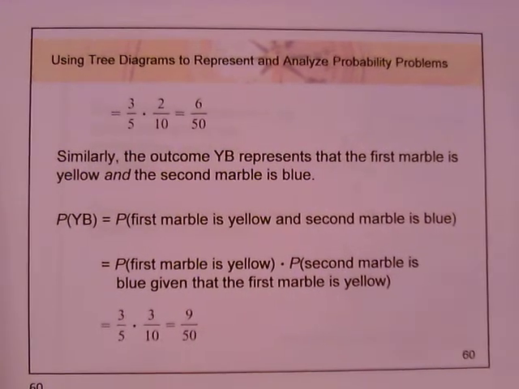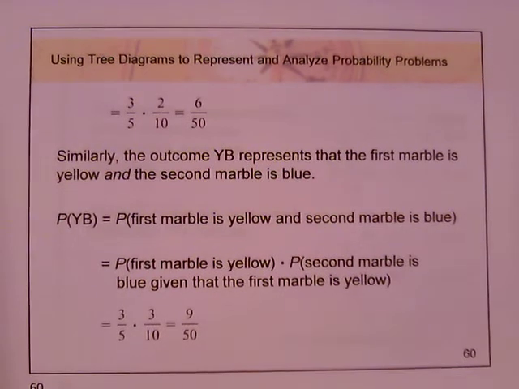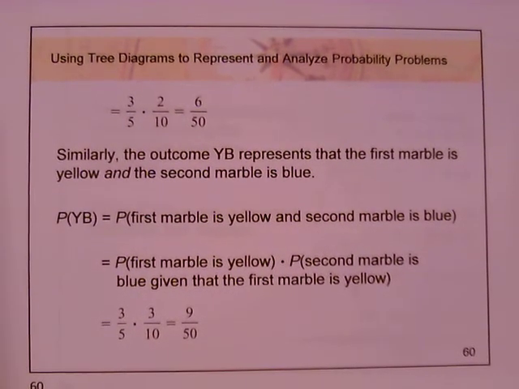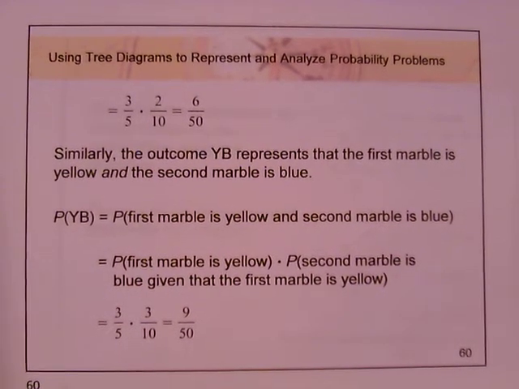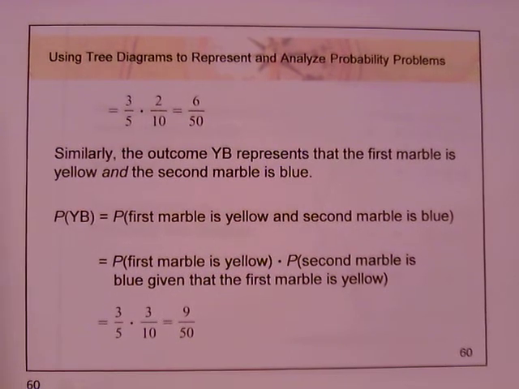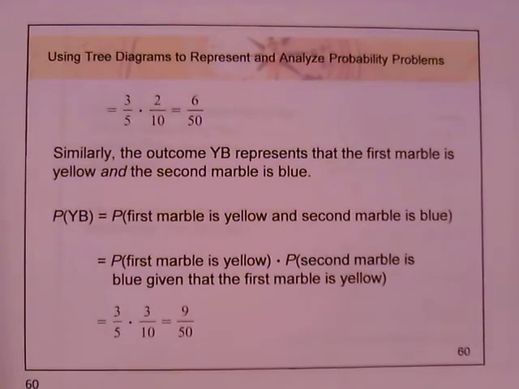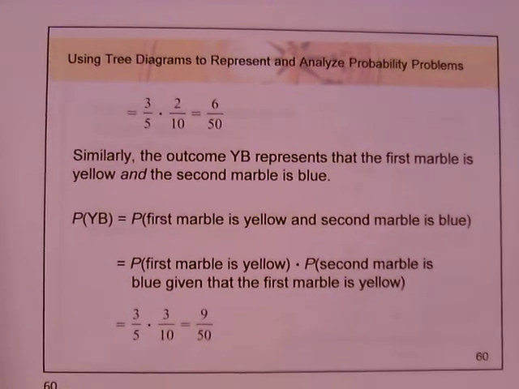Similarly, the outcome YB represents that the first marble is yellow and the second marble is blue. That means the probability would just be the probability that the first marble is yellow times the probability that the second marble is blue, given that the first marble is yellow. That'd be 3/5 times 3/10, which is 9/50, or 18% in percent.